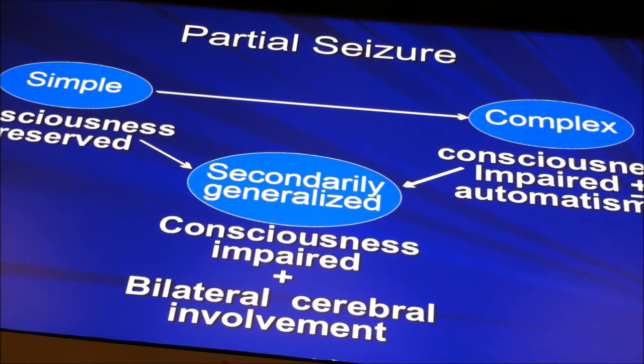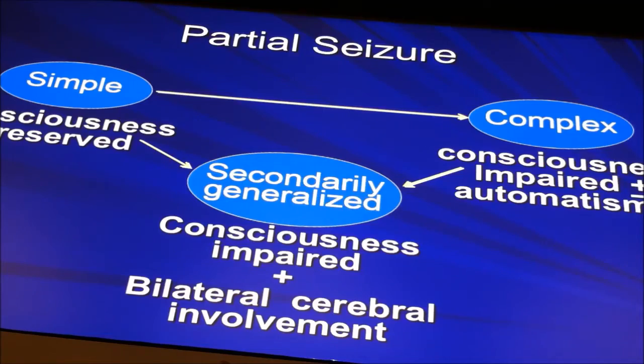That's simple focal seizure. And then secondary generalized, by definition, if you have both parts of the body shaking, you should be unconscious. You cannot convince me that the patient has bilateral involvement and he's still conscious, except in one case.